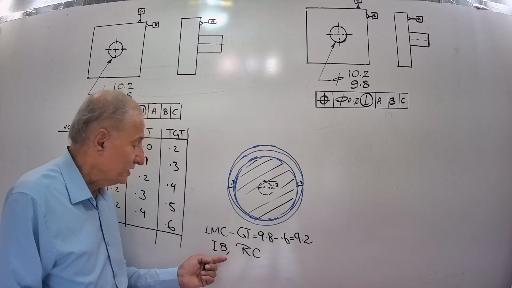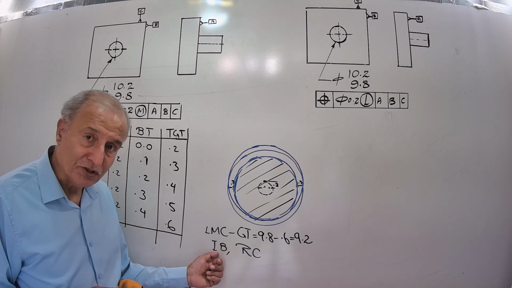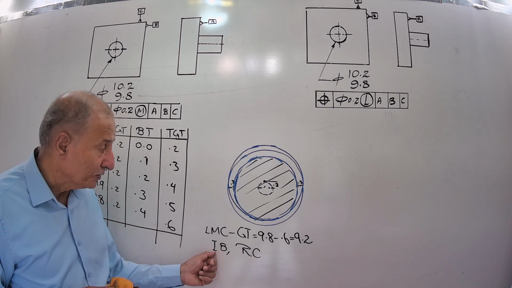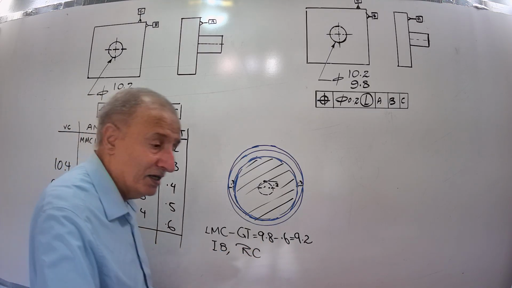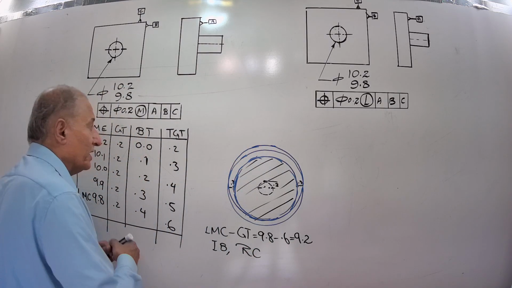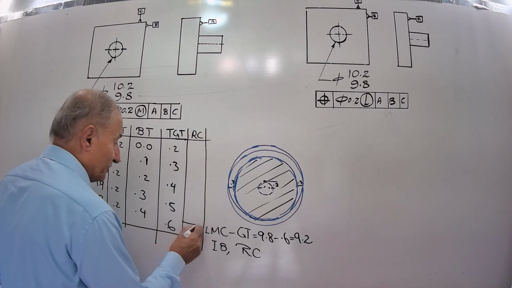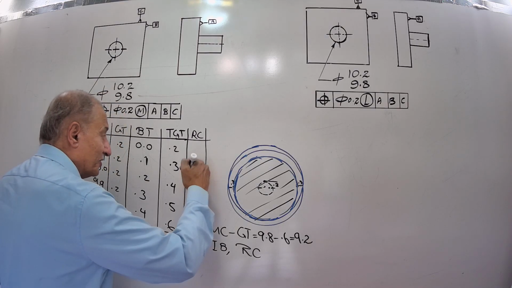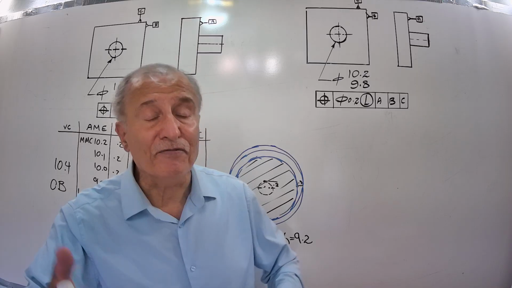Then this is the inner boundary, which is coincident with resultant conditions. Resultant conditions for inner boundary is 9.2. I can add a column here that writes resultant conditions, and for this size it is 9.2. It doesn't mean that resultant conditions for other sizes is also 9.2. No, it is after production.